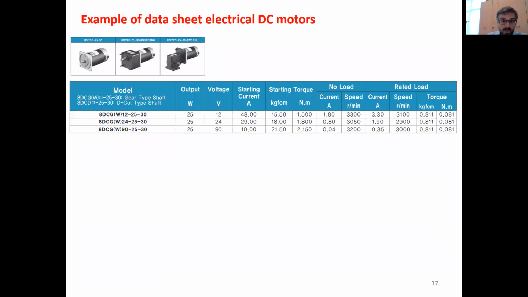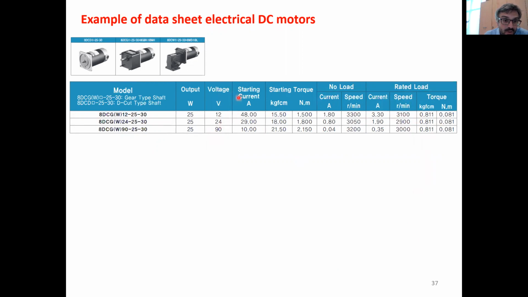And here you have two examples of data sheet. We have a 25-watt motor that you can drive at different voltages. So in general, you have different designs for different maximum voltages, because you need different insulation capabilities. And then you have the relevant points that we discussed, the no load ones and the rated load speed, current and torque.